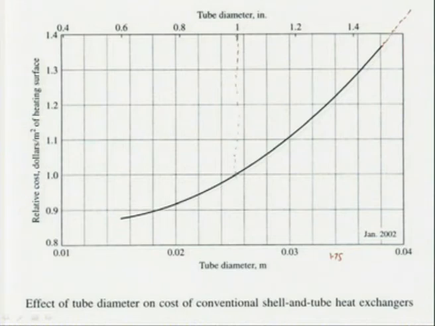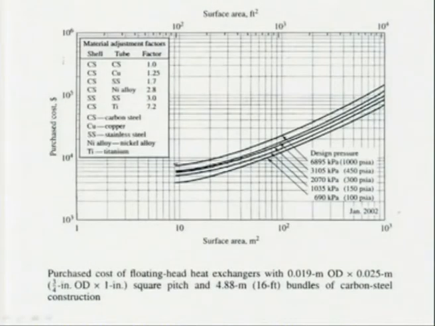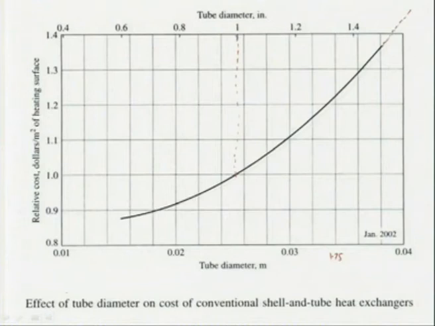Oh, sorry, the correlation was for 3.4 inch outer diameter and 1 inch square pitch. So, we have to take the correction factor for 3.4 inch, which is 0.91.